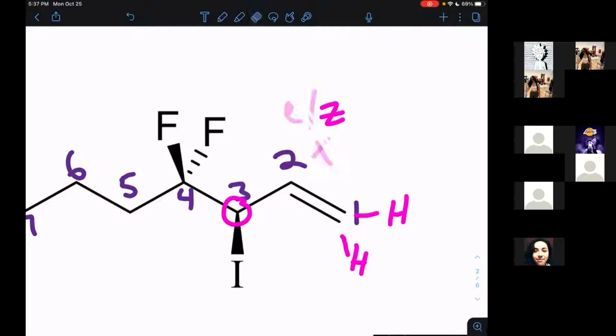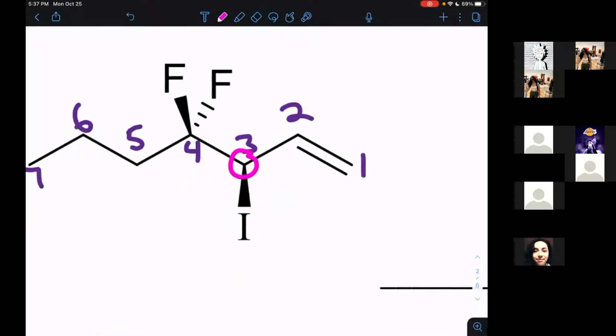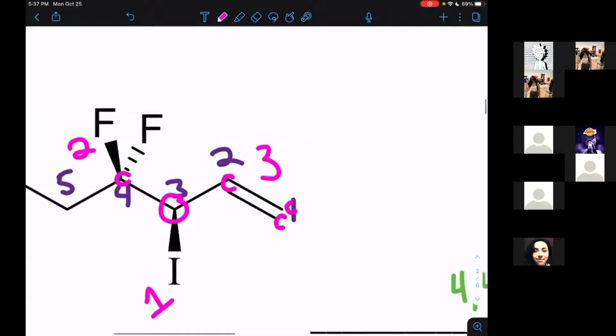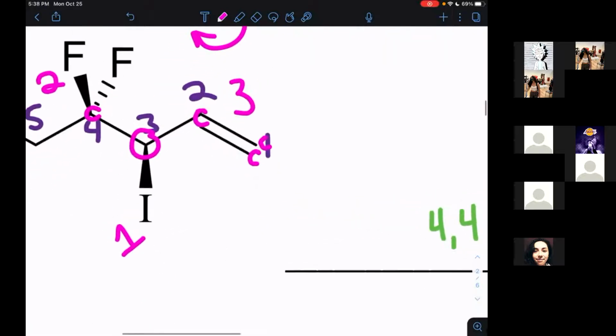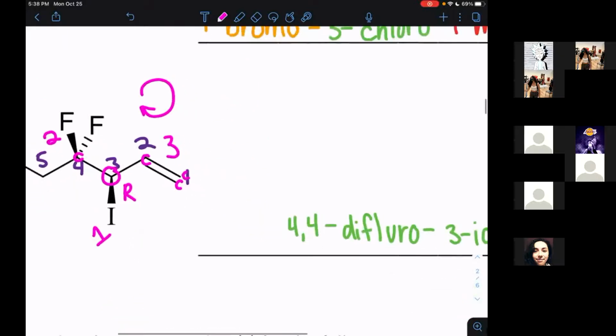We could do R and S for that one. We have hydrogen in the back, which is going to be our number 4, so it kind of doesn't matter. So I'm just going to leave it out. So we number it. This is first priority. This carbon attached to fluorines is going to be second, and then this one's third. So that's this direction, which is clockwise. So this one's R.